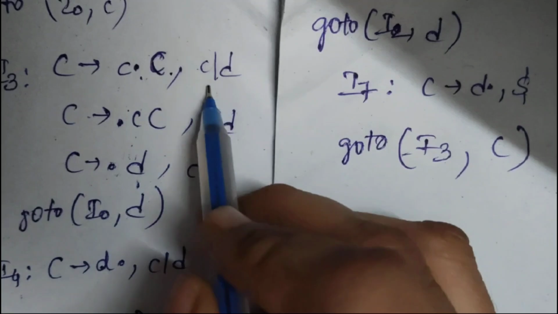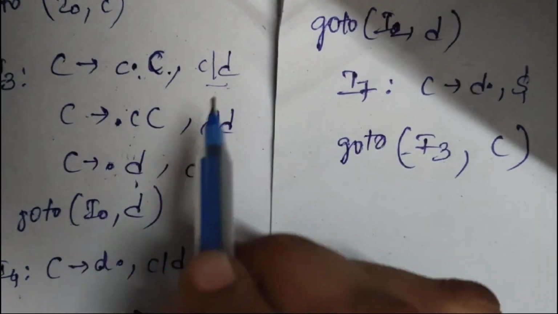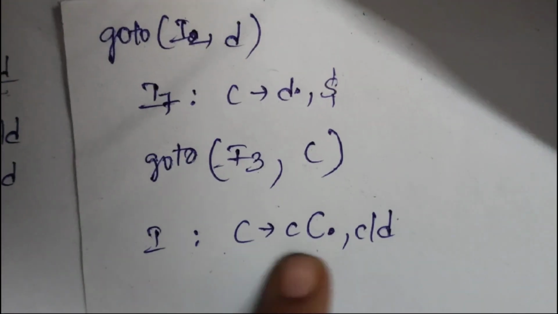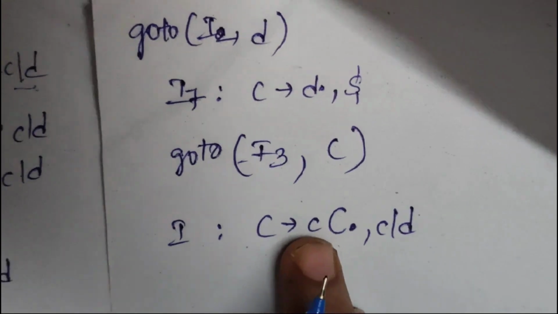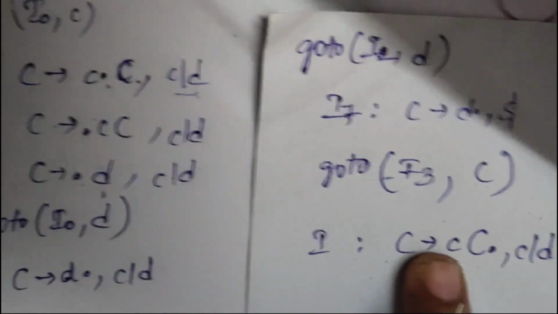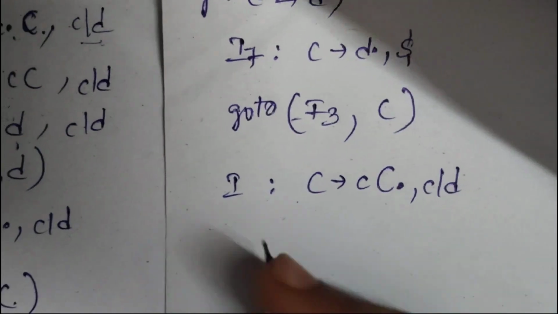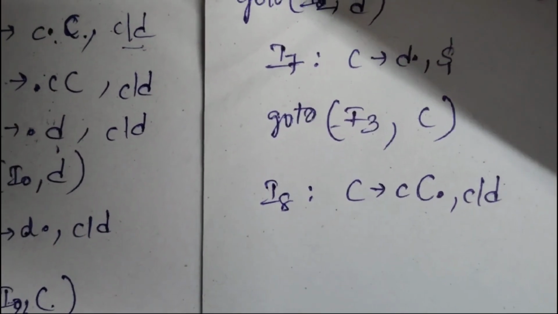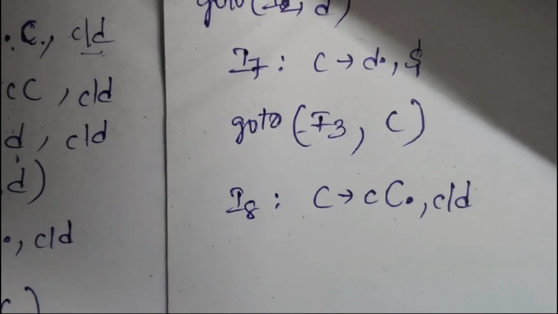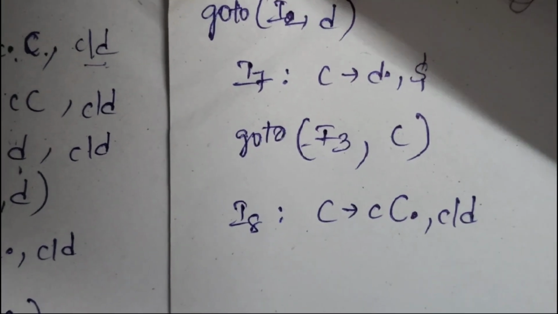When we are shifting the dots, the lookahead symbol will be as it is. Do we get this production anywhere else in the previous ones? No, right? We haven't got this production anywhere else. So we can name it as a new item, that is item 8. The lookahead symbol will be as it is, as we are just shifting.